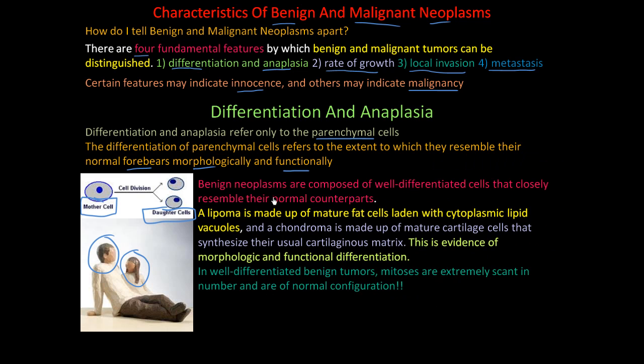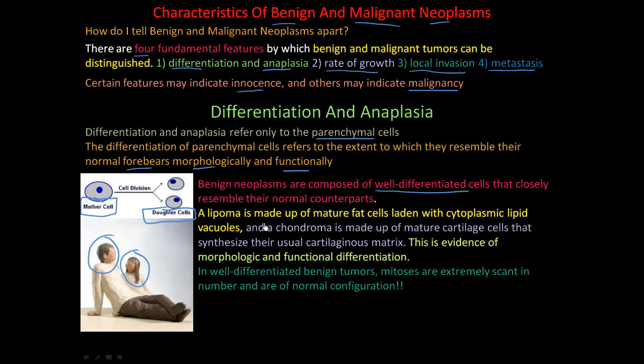So benign neoplasms are composed of well-differentiated cells that closely resemble their normal counterparts. In benign neoplasms, the daughter cells look morphologically like the mother cell and act like her, so they're fully or well differentiated.